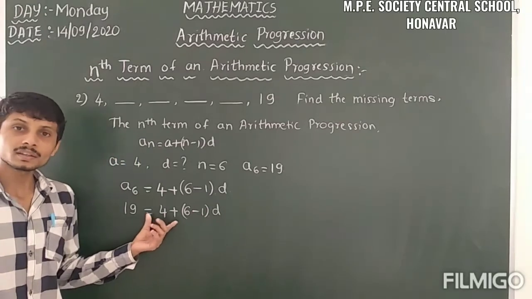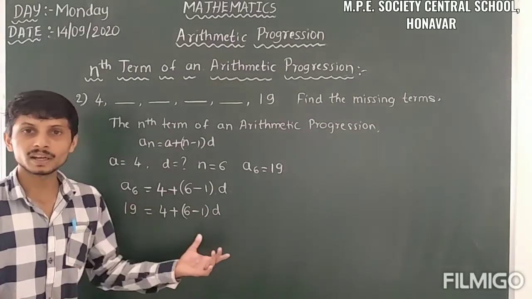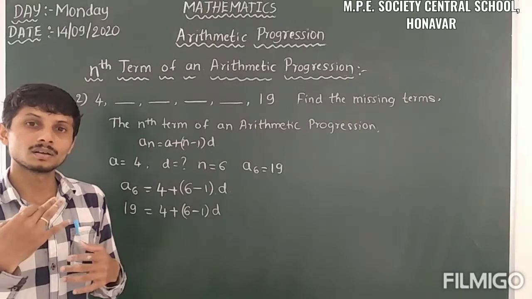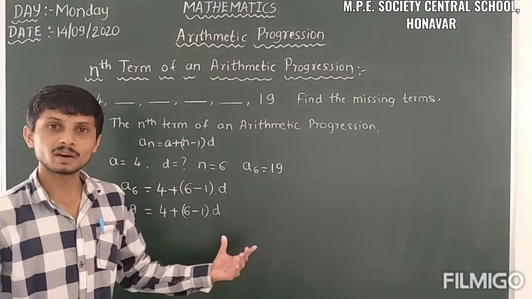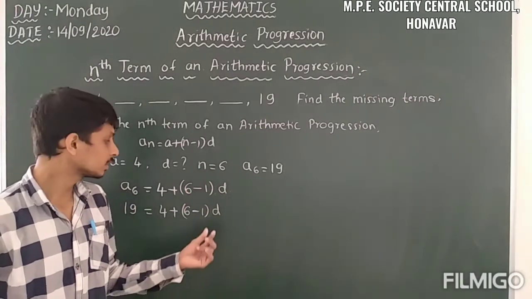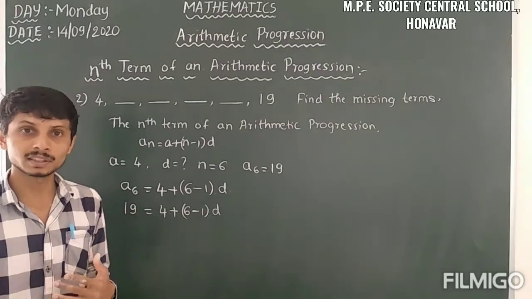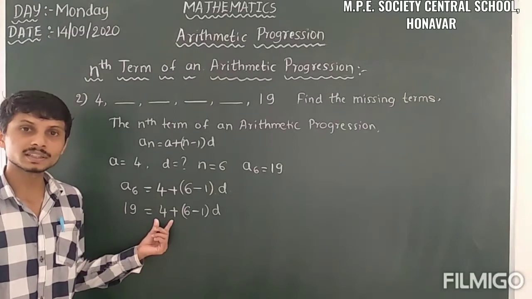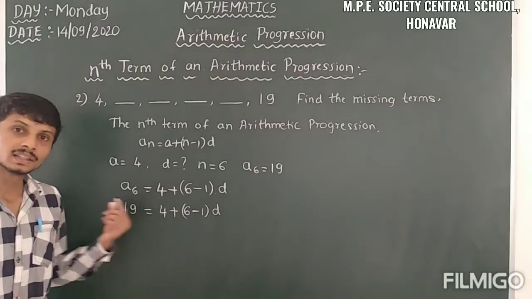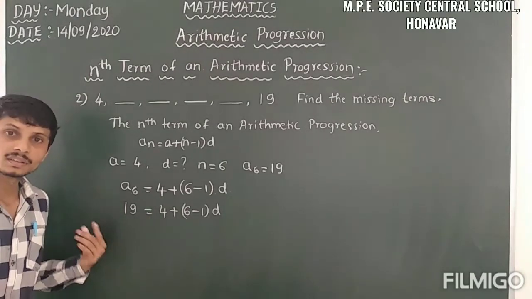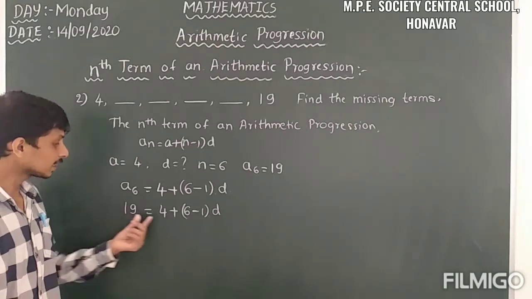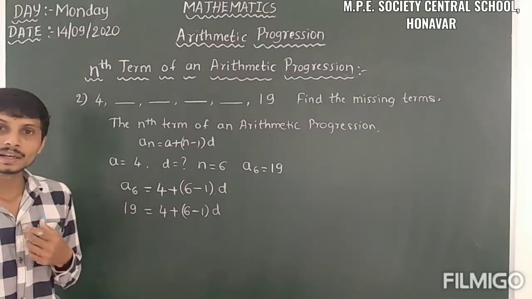Here there is no case of directly taking the solution, since d is unknown. So we have to transpose the things to the LHS side. Firstly I will transpose this 4 to the LHS side.